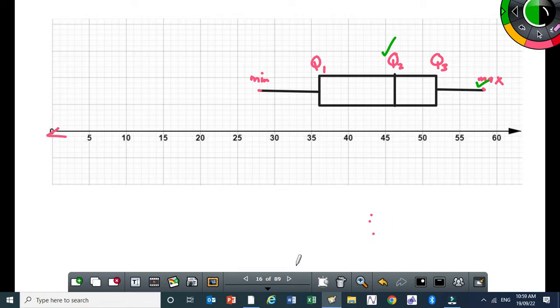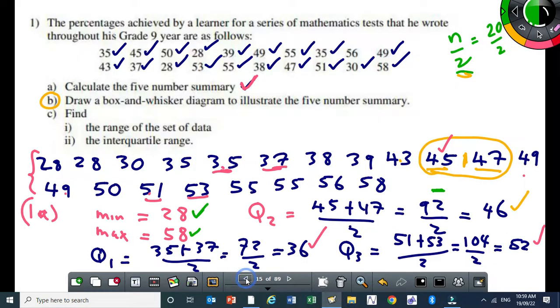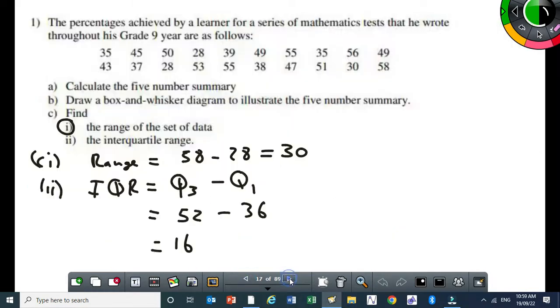Okay, now just to carry on, I'm going to talk about the distribution of the data set. But before I move on, I need to answer more questions on the measures of dispersion. So C1 is the range. So the range is equal to the maximum minus the minimum, then you get 30.